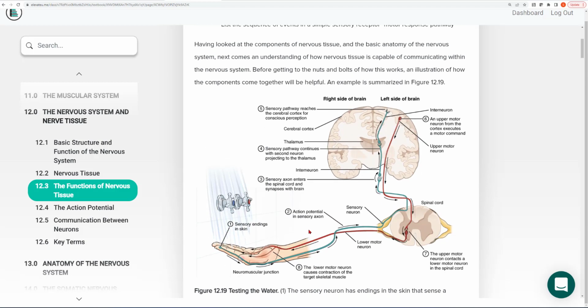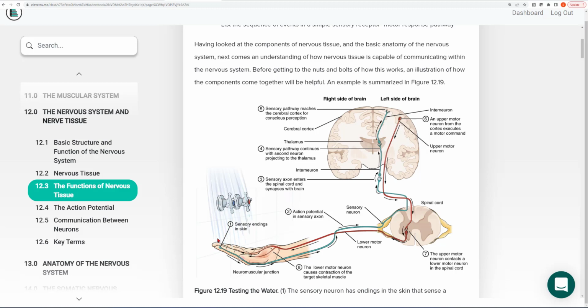In this chapter, the story is about feeling warm water, hot water coming from a shower. As hot water is hitting your skin, number 1, there are sensory nerve endings in your skin. Those nerve endings are stimulated by the temperature.